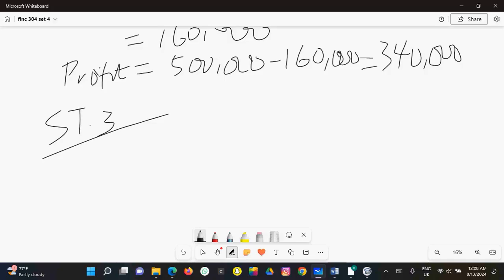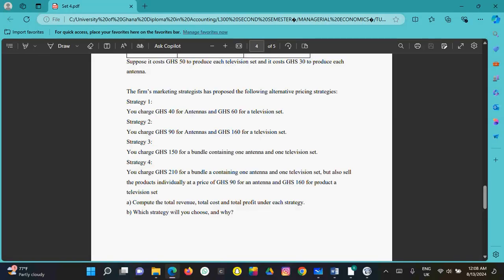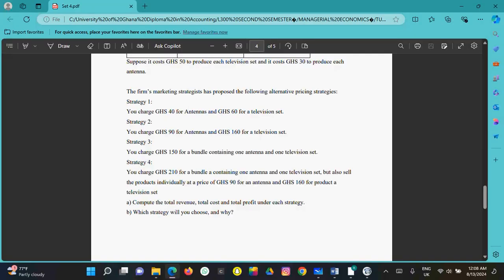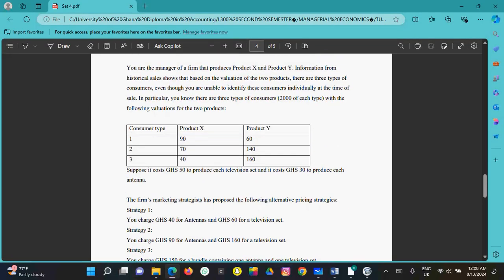It's still the same for strategy 3, where the bundle is 150. 150 bundle means that both of them are together. Right. So when we check here, consumer type 1 is going to be 90 plus 60, giving us 150.